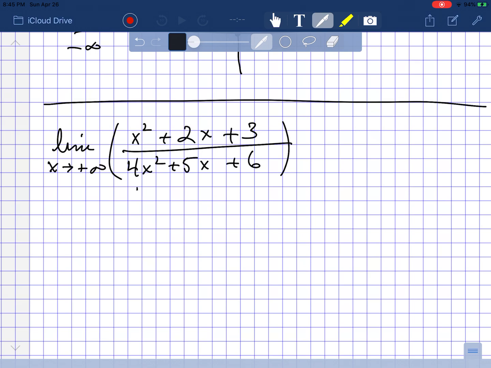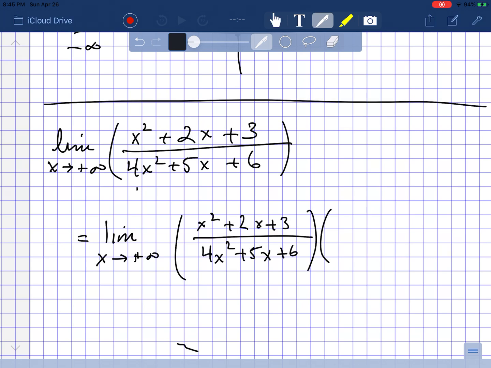I'm going to rewrite this in the following form. This is the limit as x goes to plus infinity of my rational function times 1, but I'm going to write 1 as a complex fraction: 1 divided by x squared, all divided by 1 divided by x squared.